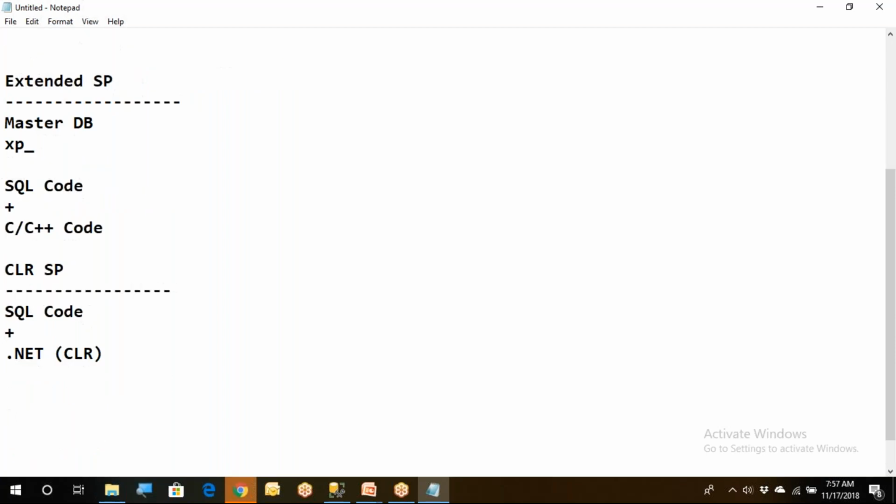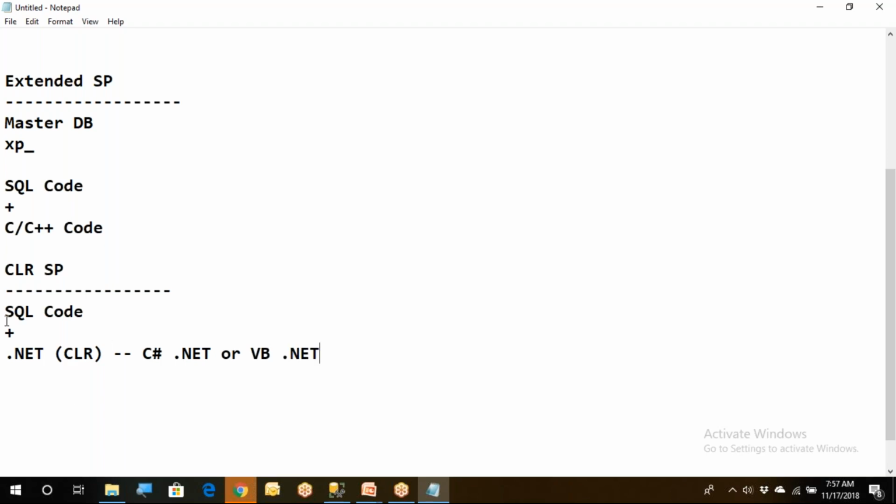CLR means what? Common Language Runtime. So here you may write C sharp .NET code, or people may write VB.NET code.